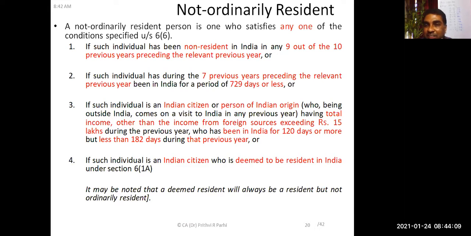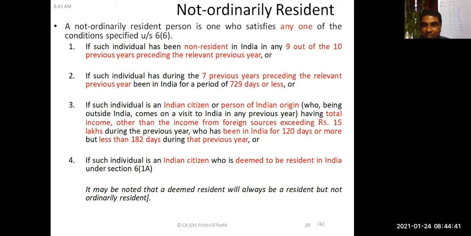He should be non-resident in 9 out of 10. That means in these 10 years, if he is resident for 1 year, it's okay, acceptable. But if he is resident for 2 years, then first condition is gone. So in the example I showed you only one case he was resident. If you make 2 years resident, then this condition is not complied with.